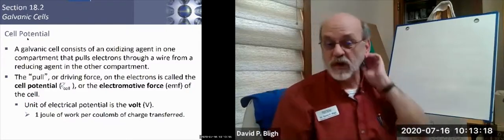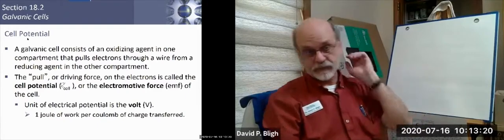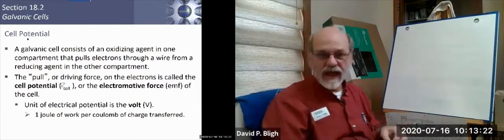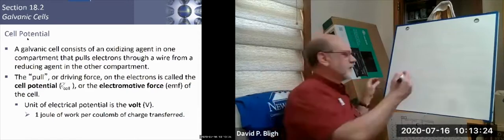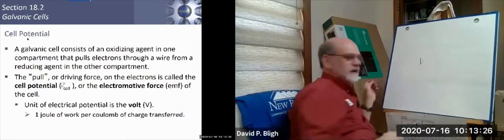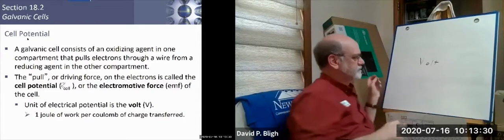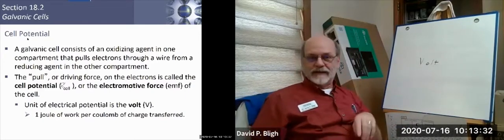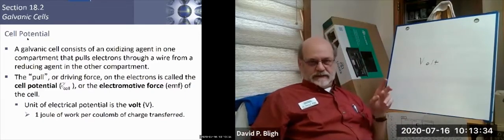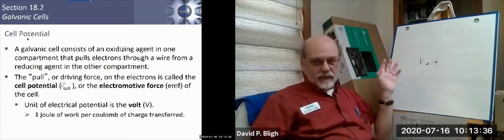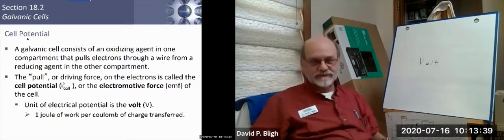That's called the cell potential. And the unit of measure is the volt. Okay? So that's good enough for now. We'll continue discussing.